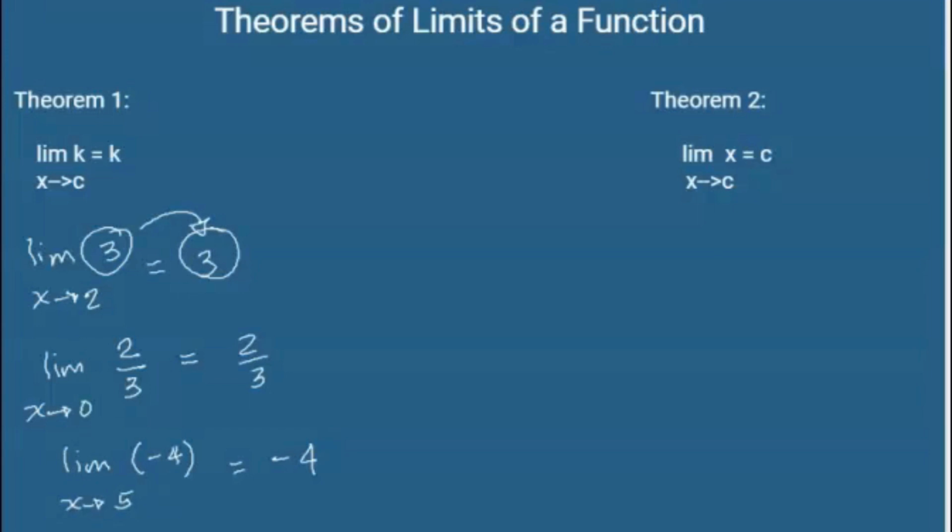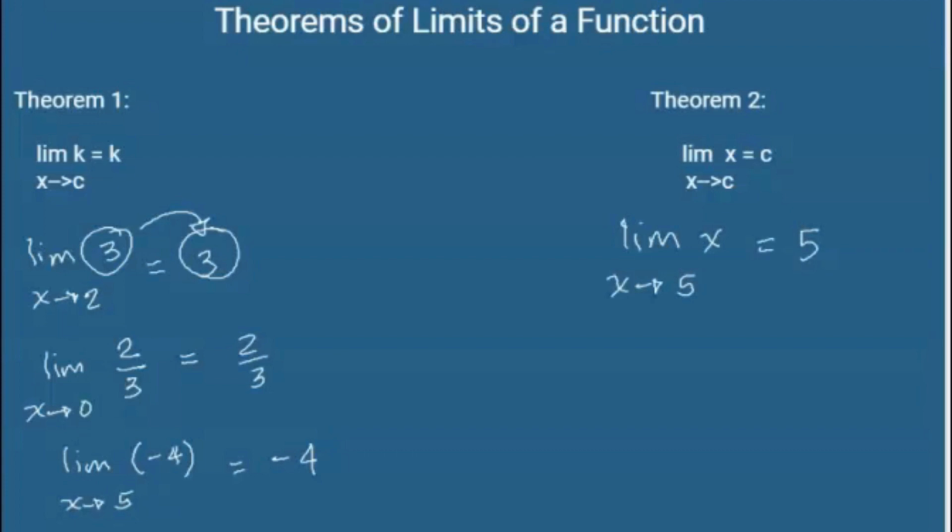Now let's go to Theorem number 2. Theorem number 2 states that the limit of x as x approaches c is equal to c. As an example, we can show the limit of x as x approaches 5. The answer is 5.